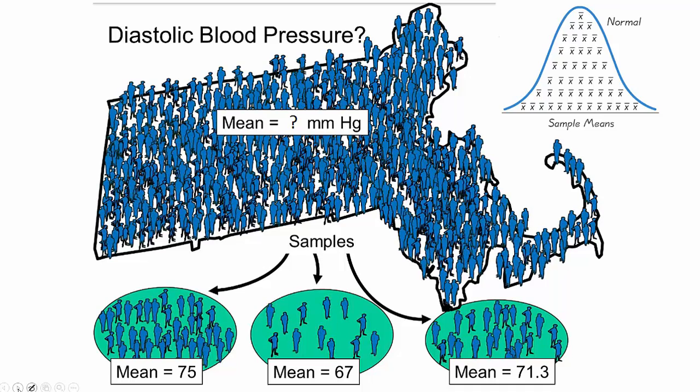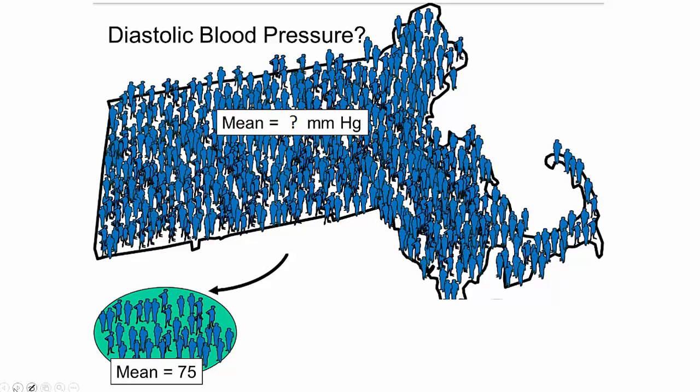So let's take a look at this concept with this example. What we're going to do this time is take our point estimate, and in our case, that's a sample mean. So we have this sample, the mean of 75. And then we're going to add or subtract a margin of error. We'll use big letter E to represent that.